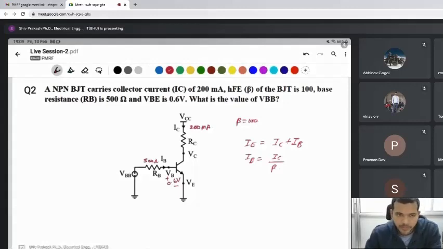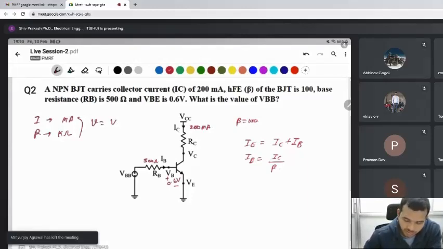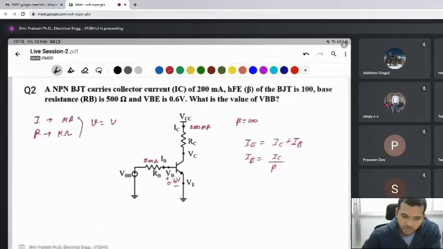When you solve BJT questions, you should put the current in milliampere and the resistance in kilo ohm. Then you will find voltage in volt only. For easy calculation, you can do this. So for any questions related to the BJT, you should use this notation.